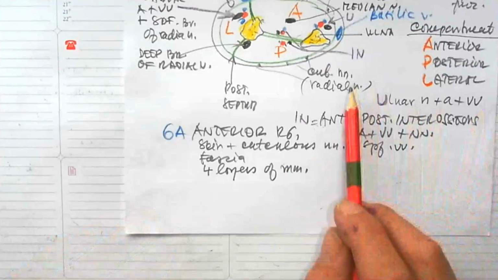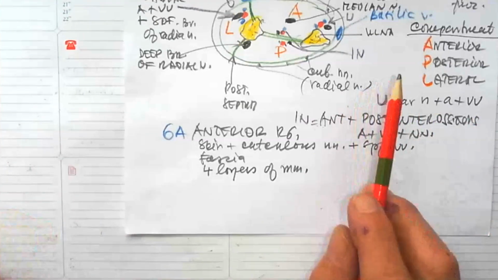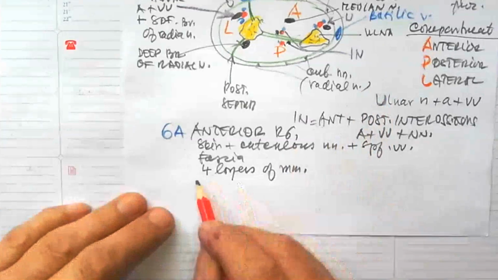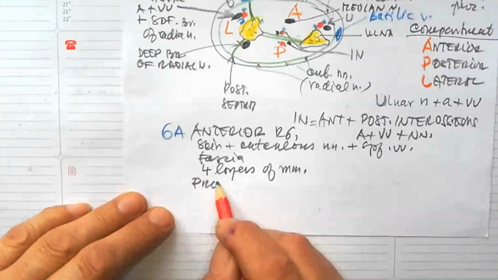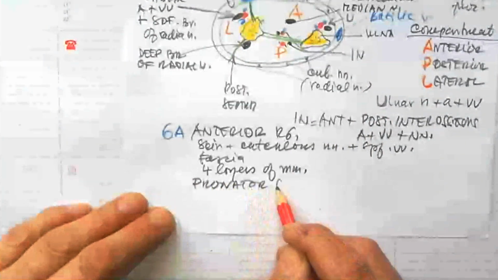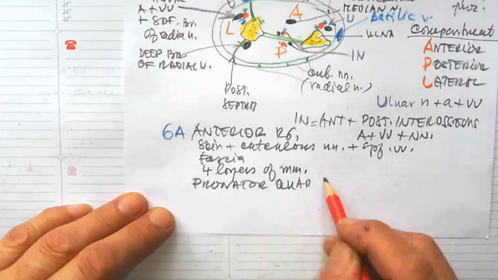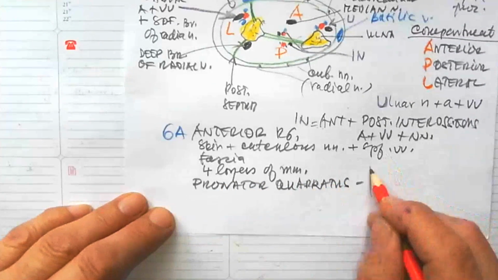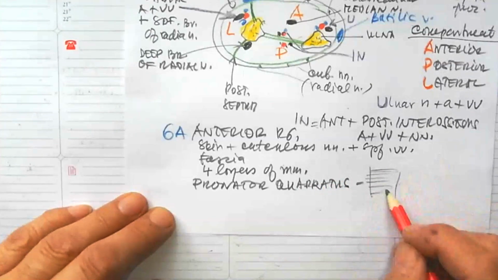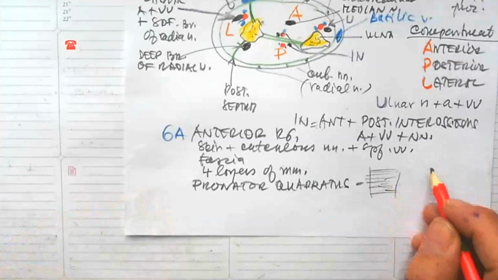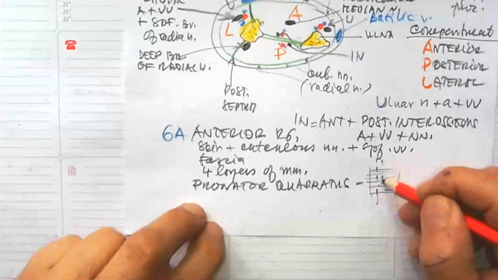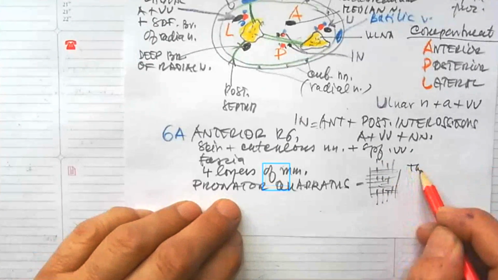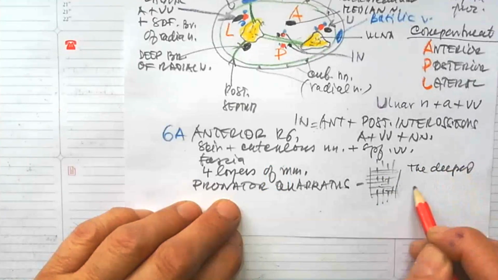one is very specific. This is pronator quadratus. Maybe it is not bad to say the pronator quadratus. We know pronator teres; pronator quadratus runs transversally, and then above that run the tendons, and we say this is the deepest muscle.